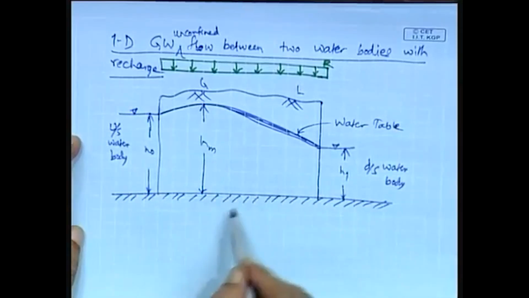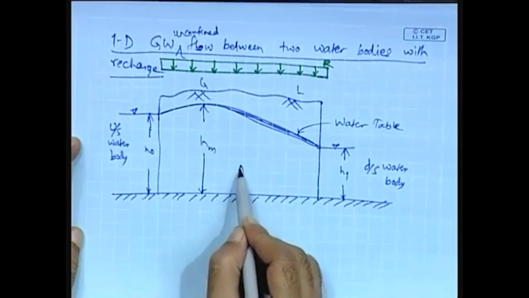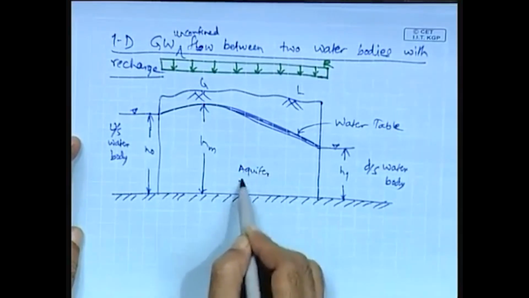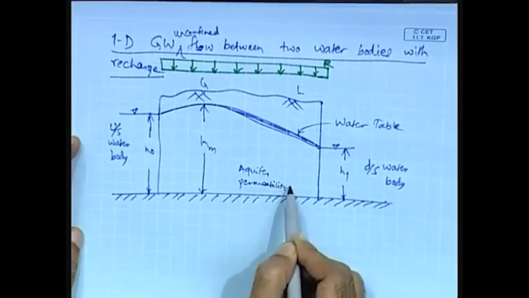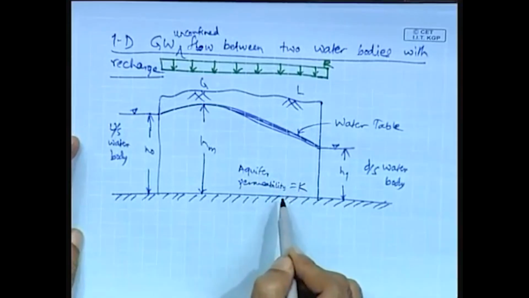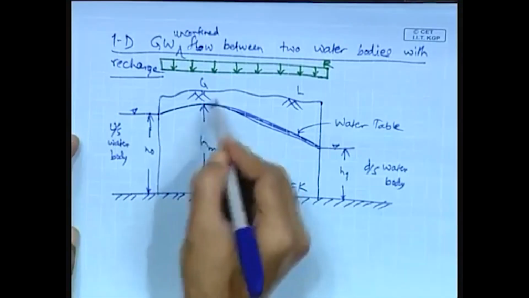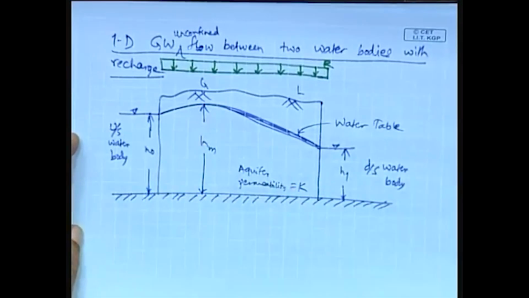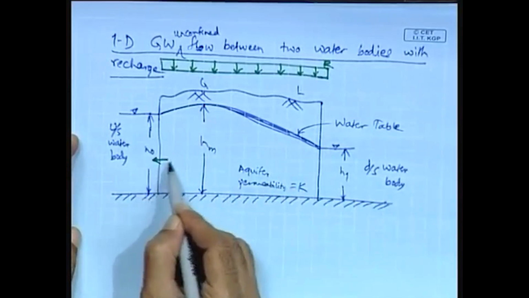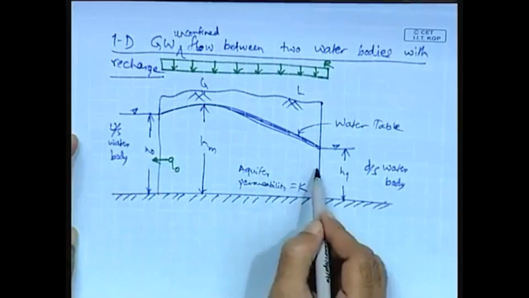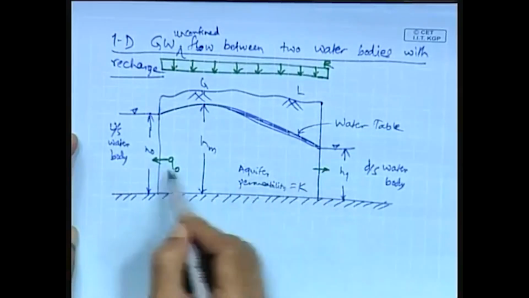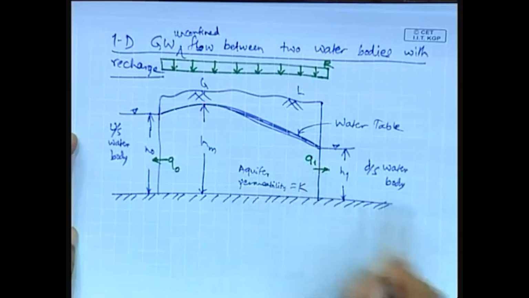And so, the aquifer permeability or hydraulic conductivity is K, and in this case there is obviously flow into the upstream water body as well as flow into the downstream water body. This is Q 0, this is Q 1.